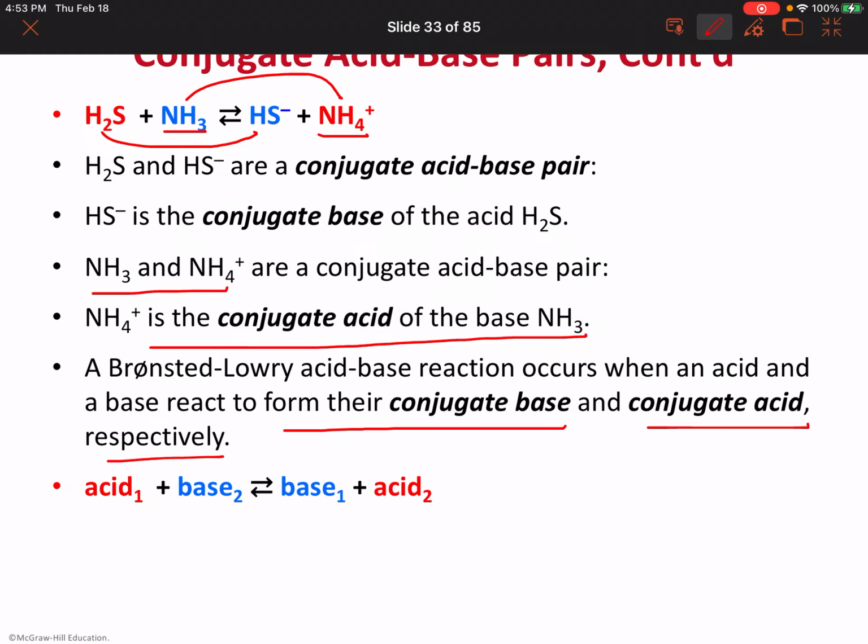You see, acid 1 and base 1, base 2 and acid 2. So these are going to be your conjugate acid-base pairs, just like H2S plus ammonia and HS minus plus ammonium ions.